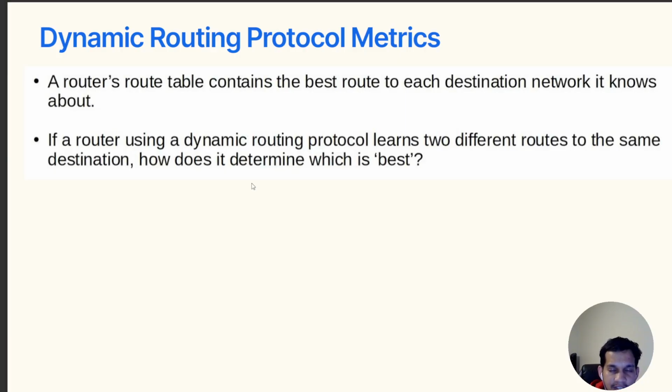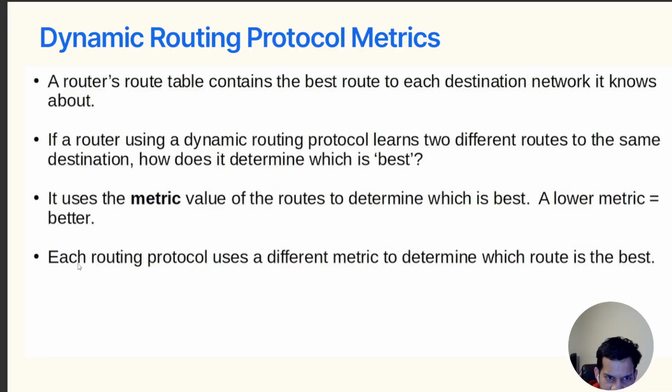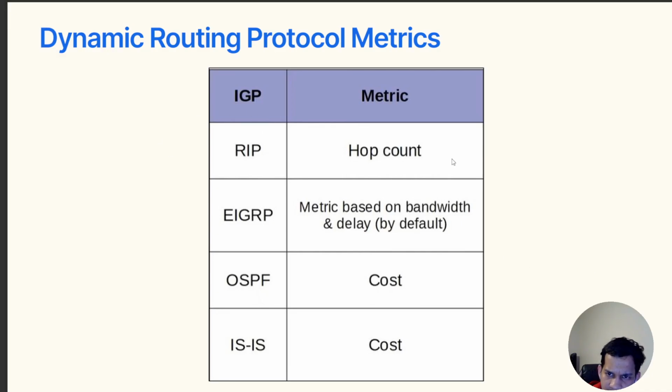Which protocol should it give preference to? It uses the metric value of the routes to determine which is the best. Lower is better, but each routing protocol uses a different metric. For example, RIP uses hop count, OSPF uses cost, EIGRP uses bandwidth and delay, and IS-IS uses cost.